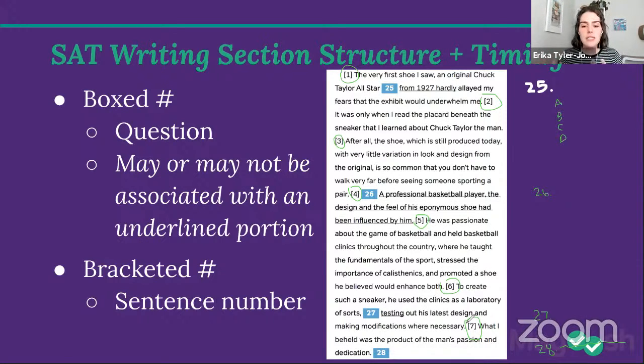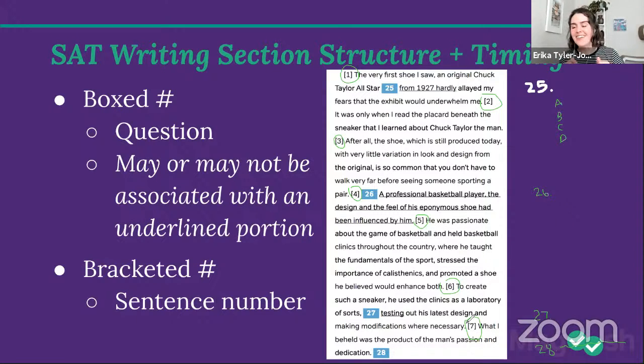And those might be dealt with in something like question 28. So here I would guess that question 28 would be something like, the author is considering moving sentence 2 somewhere else in the passage. Where should they put it? And it might be answers like before sentence 1, after sentence 3, after sentence 4. So those bracketed numbers are not question numbers. They're something that might be dealt with in a question like 28.